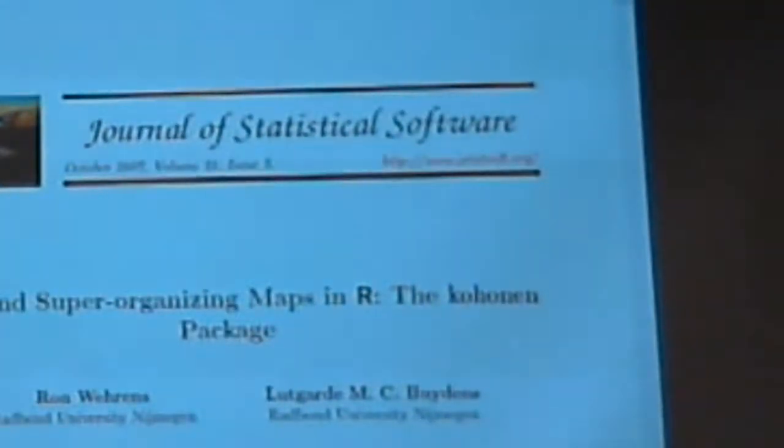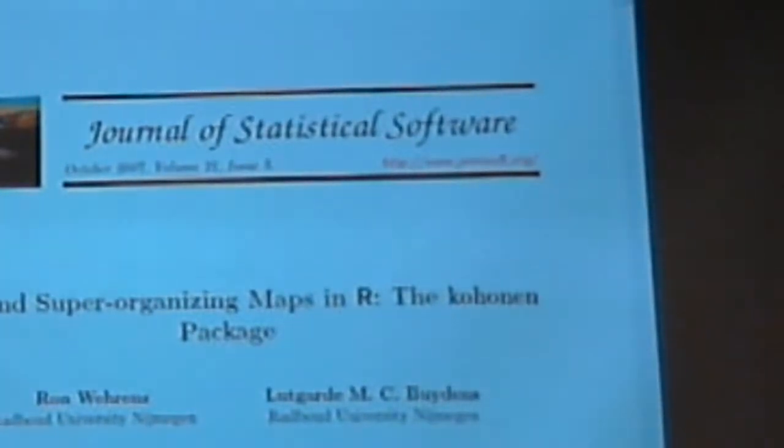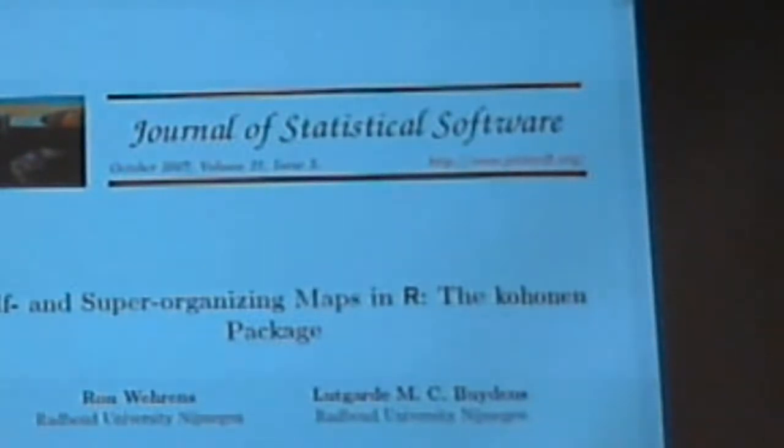And this is freely available online, so you can check this article about self and super organizing maps in R, the kohonen package. That means that you need to install the kohonen package. If you install this package, this is also included in the documentation directory, so you can see it there. Otherwise, you can also go online and look for this.